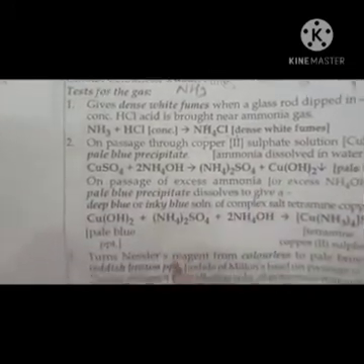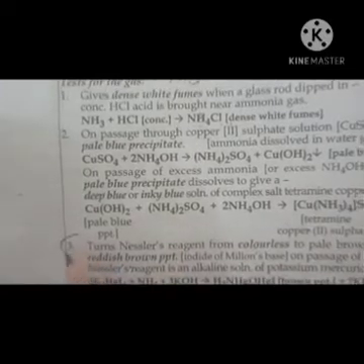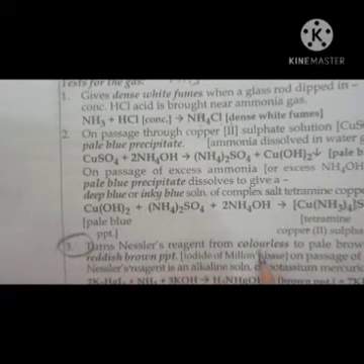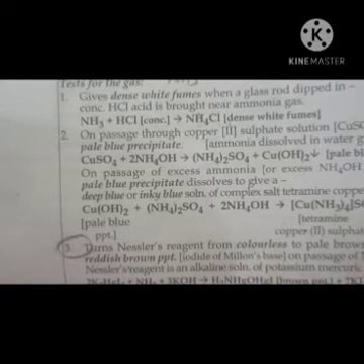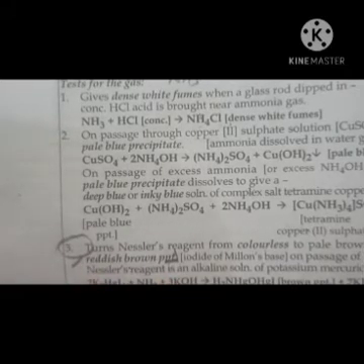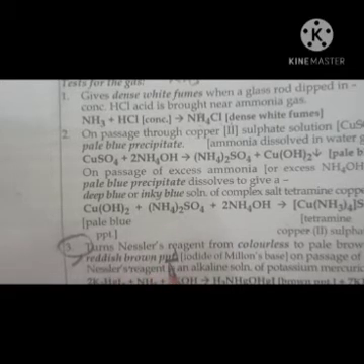Alright, one more important test is that ammonia gas turns Nessler reagent from colorless to pale brown and gives a reddish brown precipitate. Just learn this test, Nessler reagent. It is colorless and it turns reddish brown. It gives a reddish brown precipitate when ammonia gas is passed through this Nessler reagent.